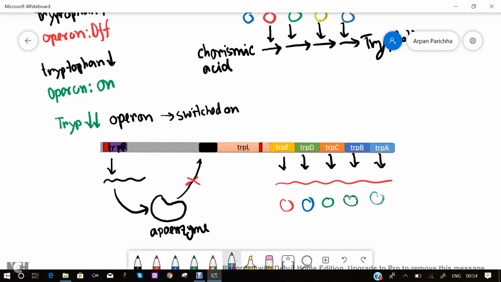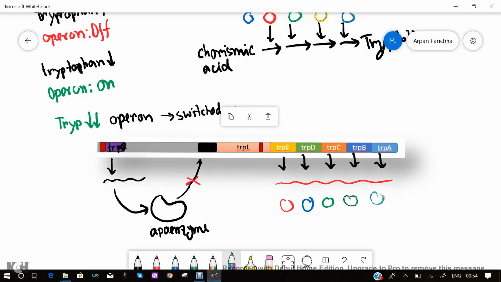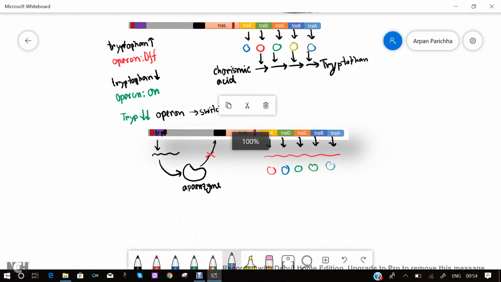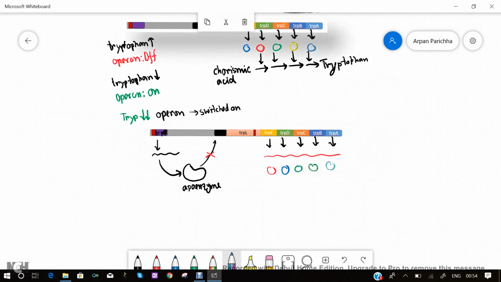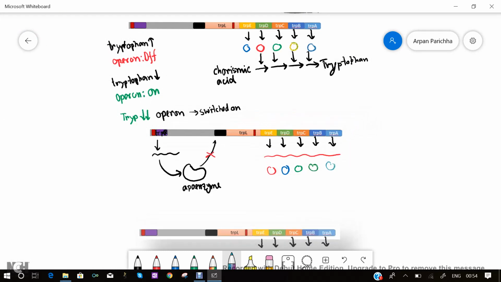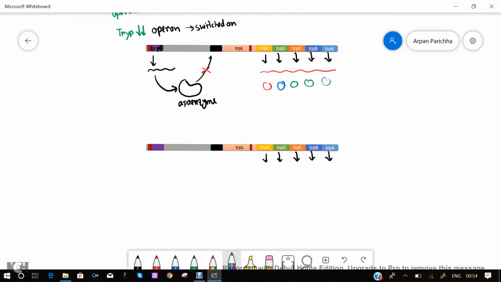Now we'll look at a situation where the tryptophan level is high. So whenever the tryptophan level is high, what happens? The operon would be switched off, and we'll look at the mechanism by which the operon is switched off.